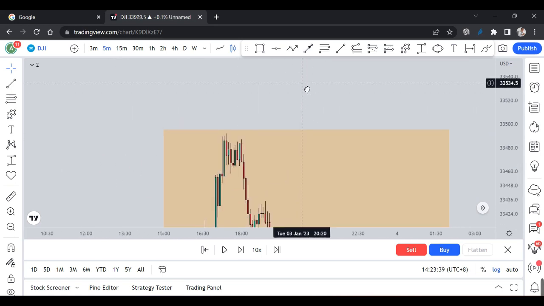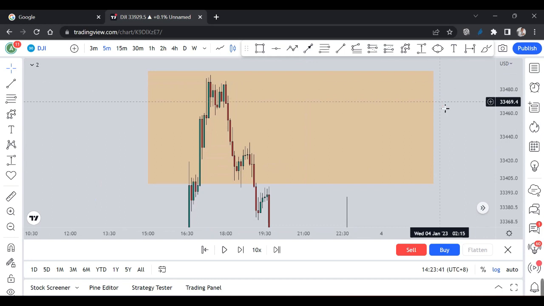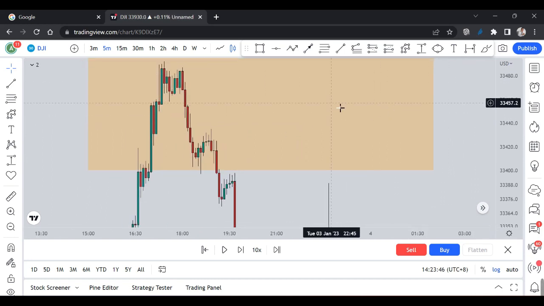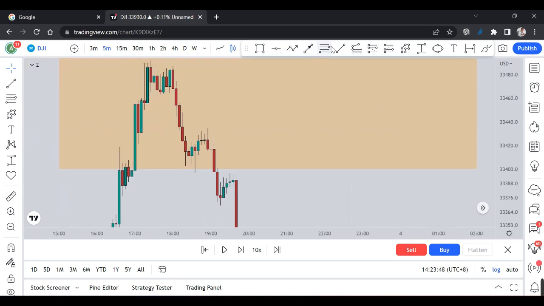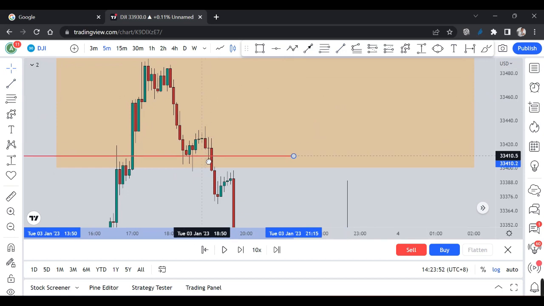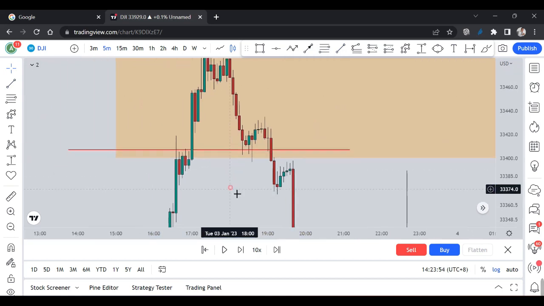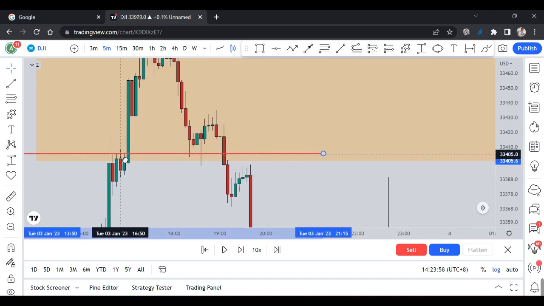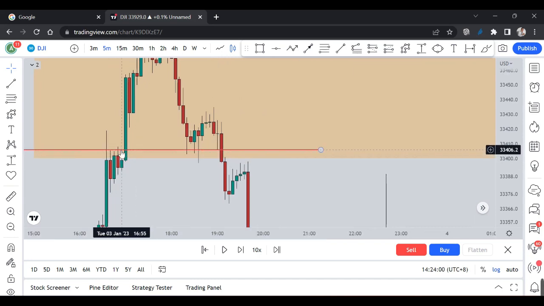So at 5 minutes, you can see very well that there is a lot of rejection along this area. Just a moment, let me get a horizontal line out. When I move my line over to this area, you can see very well the rejection from the previous area, a lot of rejection from the previous area and a lot of rejection from the latest area.